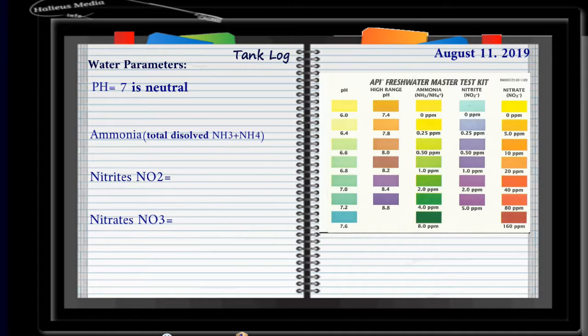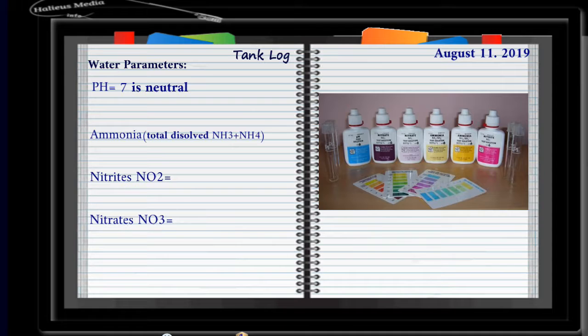It goes from a sunny yellow down to a burnt orange. That's the last step in the nitrogen cycle, and nitrates are not as detrimental to fish and livestock as nitrites and ammonia are.